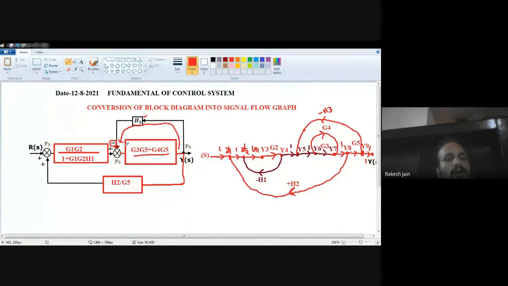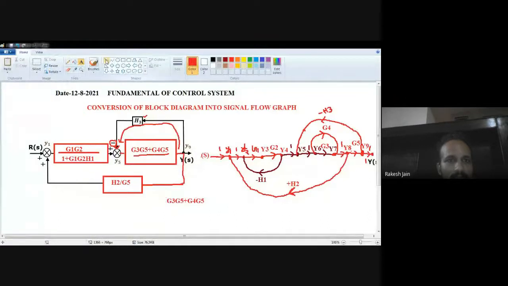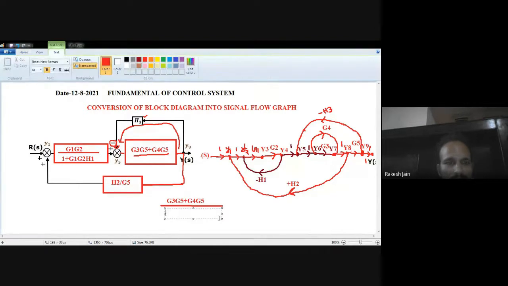So what will be the value of that block finally? Forward gain is G3 G5 plus G4 G5, divided by 1 plus or minus forward into feedback.